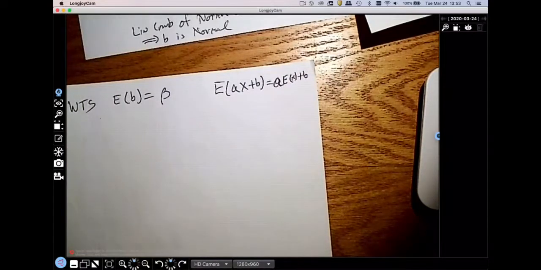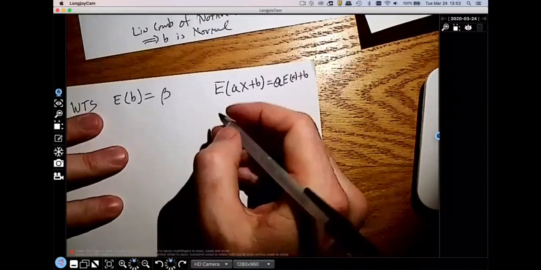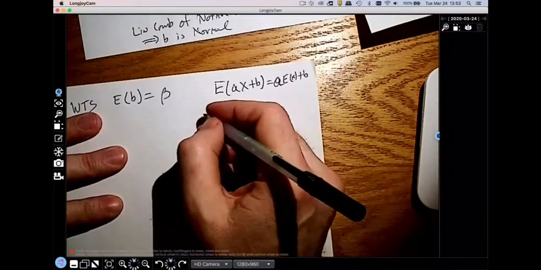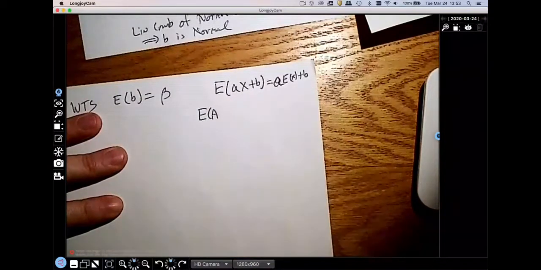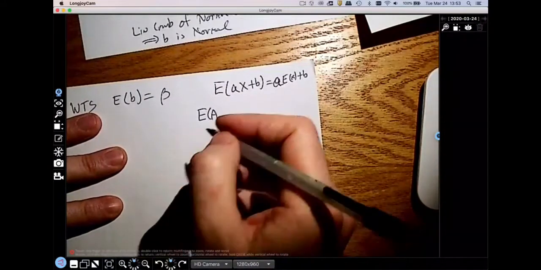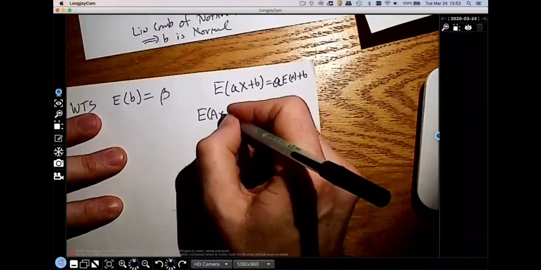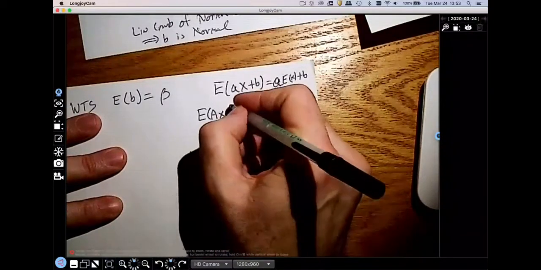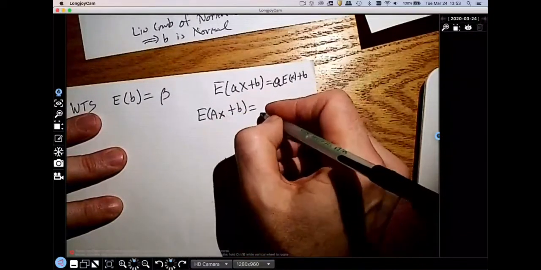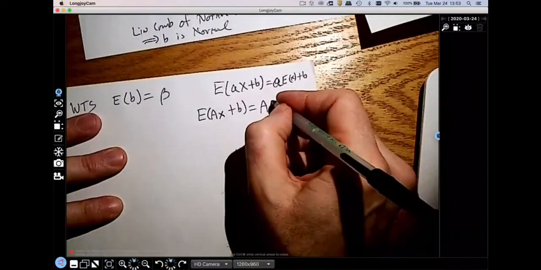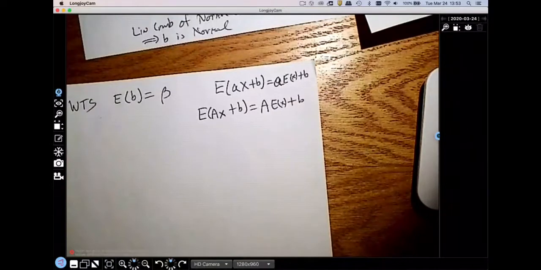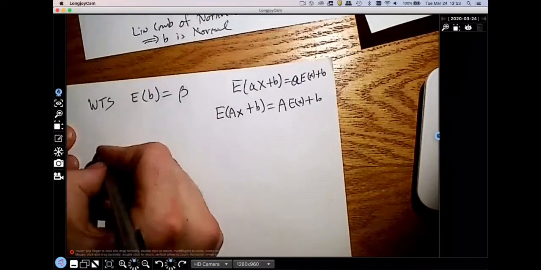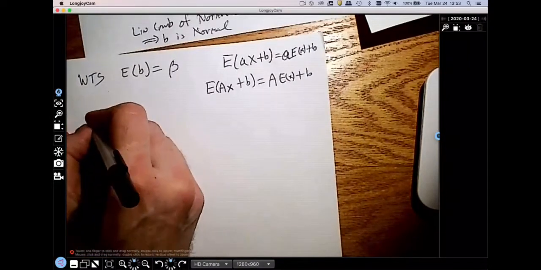And it turns out that you have exactly the same thing with vectors and matrices. So the expected value of a matrix A times some random variable x plus b is just A times the expected value of x plus b. All right, so let's apply this to our estimator.